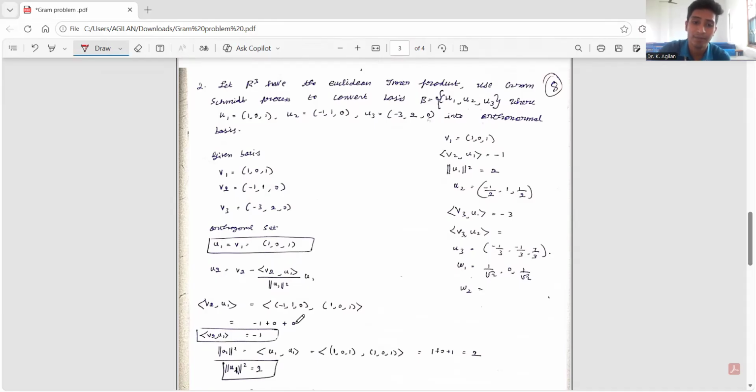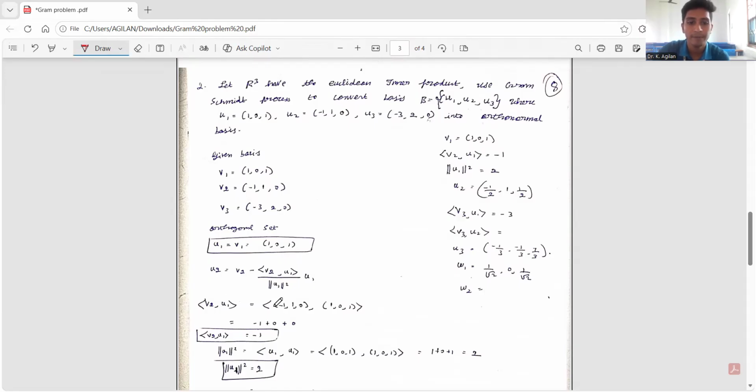Just apply the V2 value and U1 value, and with simple operations on the corresponding values, multiplying and then adding or subtracting, we can find the inner product. V2 is minus 1, 1, 0, and U1 is nothing but V1, which is 1, comma 0, comma 1.